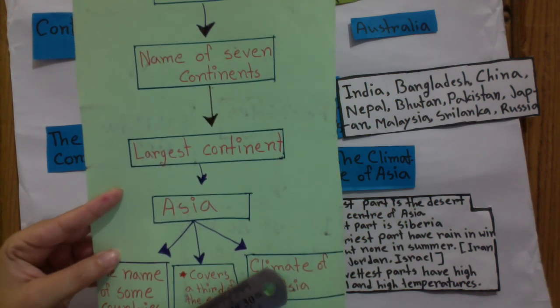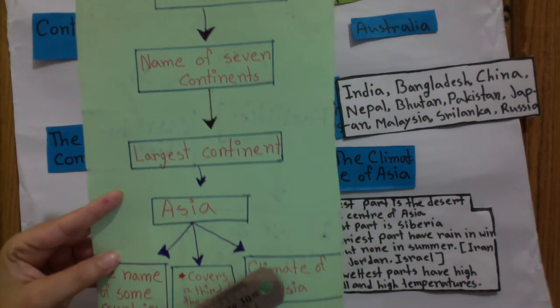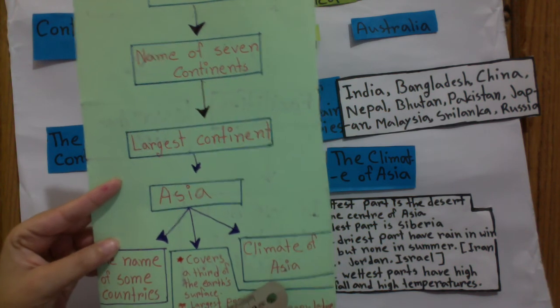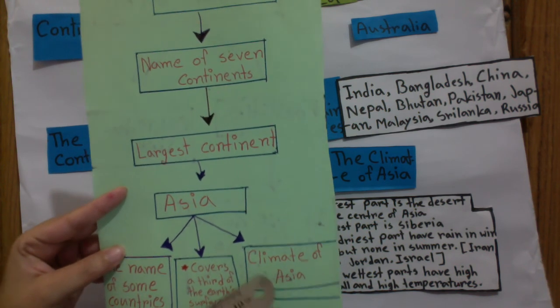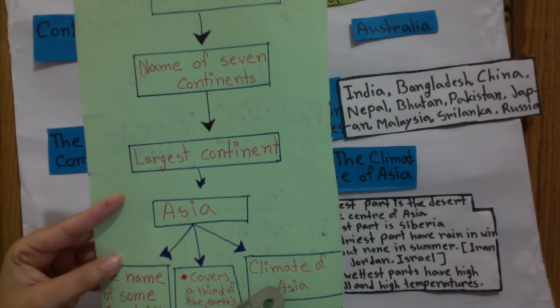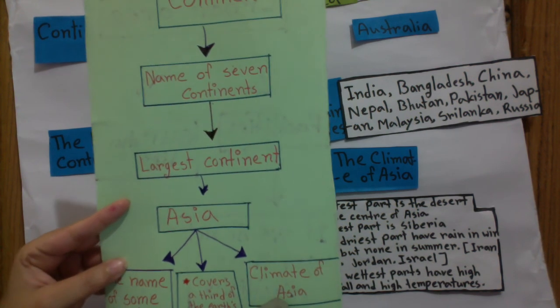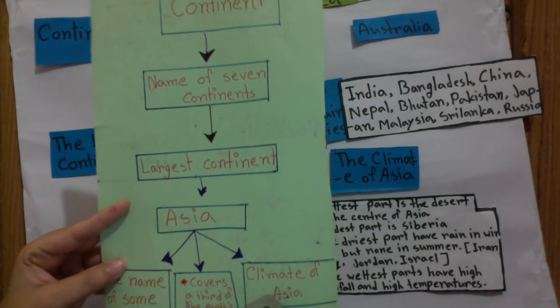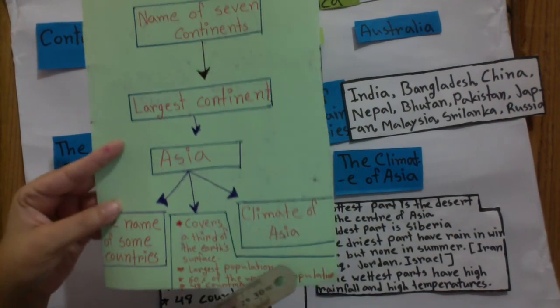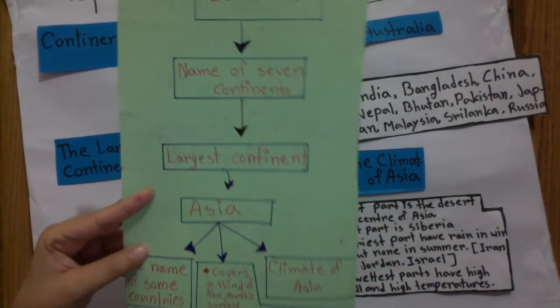The countries of the driest part are Iran, Iraq, Jordan, Israel, and the wettest part has high rainfall and high temperature. The wettest countries are Indonesia and Malaysia.